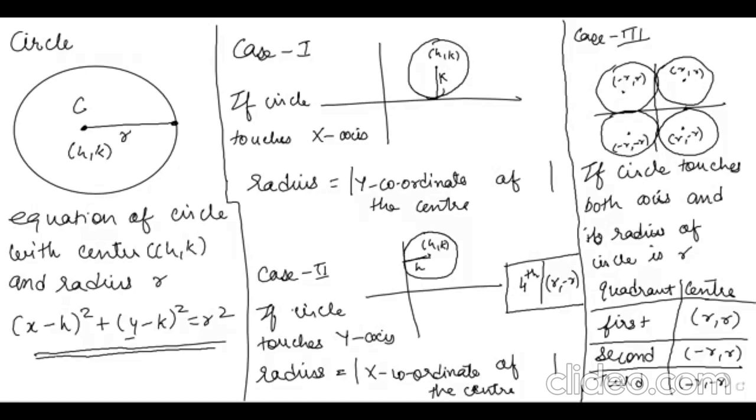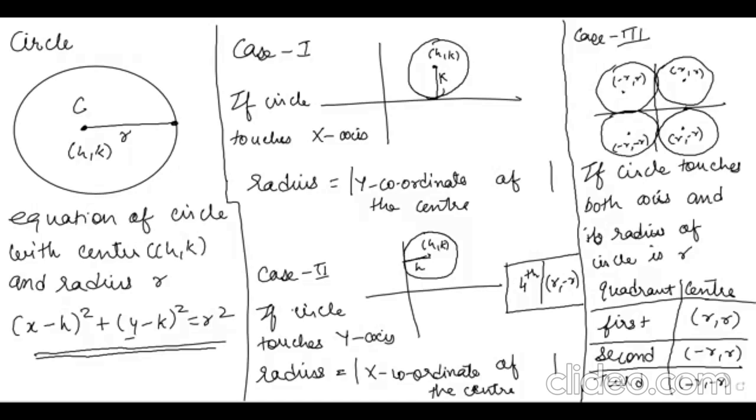In the remaining cases, if it is touching the x-axis, then there is no need to give the radius. They might not give you the radius of the circle, but it is understood that if the center is given, then we can obtain the radius by taking the modulus of the y coordinate of the center.